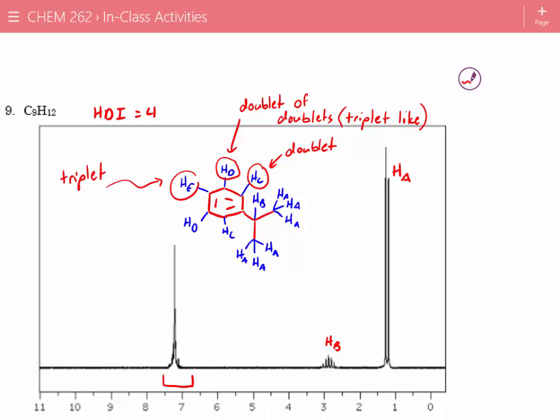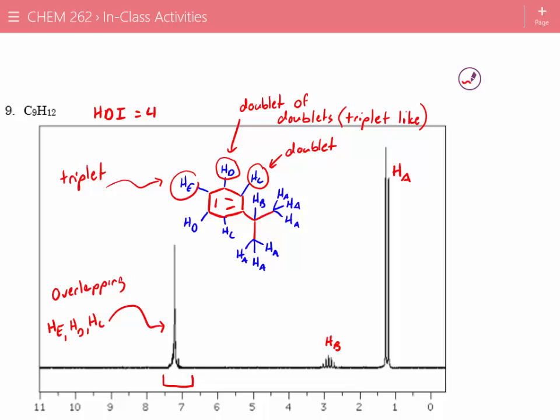So if we look at this one, it's a little confusing here, but what this is, it's overlapping. It's an overlapping mess of signals that are HE, that triplet, HD, which is our doublet of doublets or our triplet-like doublet of doublets, and then our HC signal.